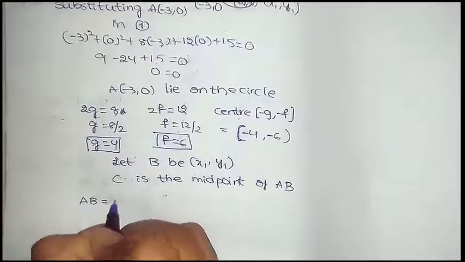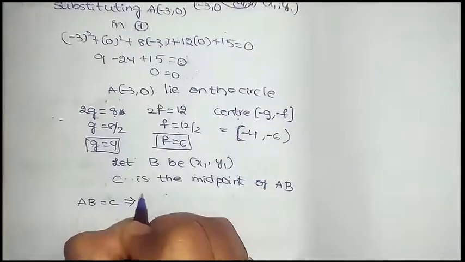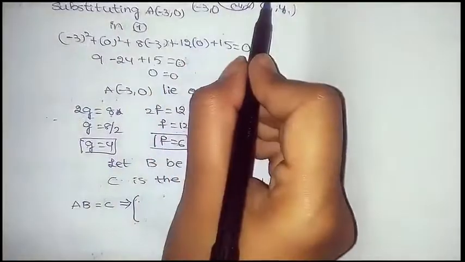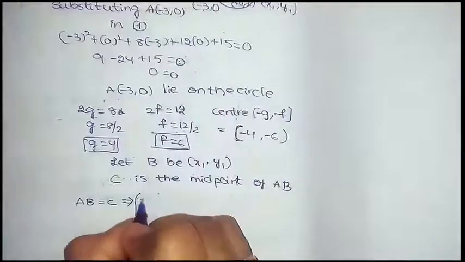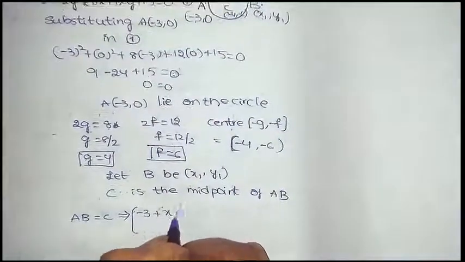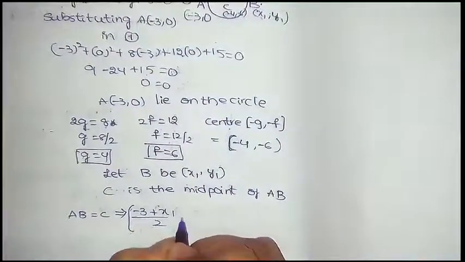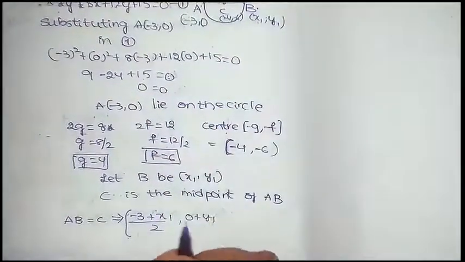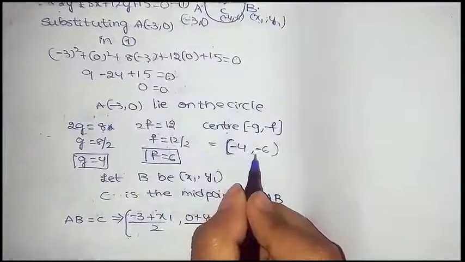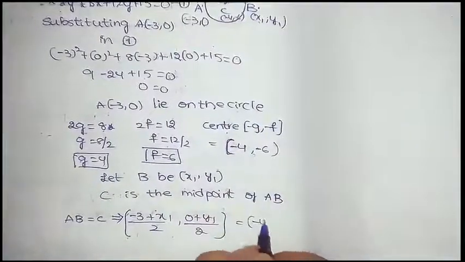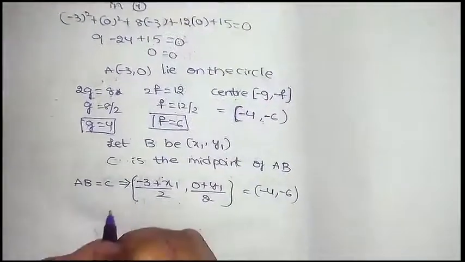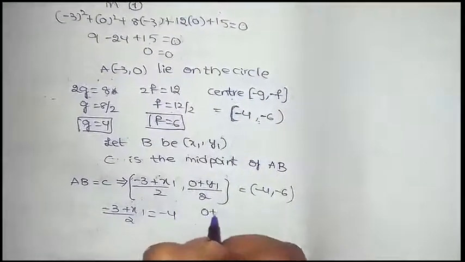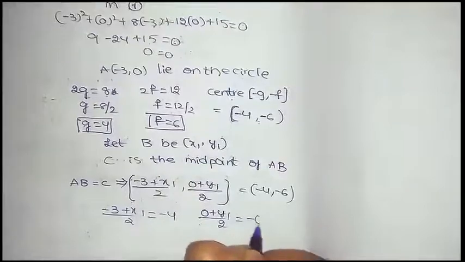So AB is the midpoint, that implies for A and B we have to find the midpoint: minus 3 plus x1 by 2 comma 0 plus y1 by 2. So the midpoint is the center, that is equal to minus 4 comma minus 6. So from this, minus 3 plus x1 by 2 is equal to minus 4, and 0 plus y1 by 2 is equal to minus 6.